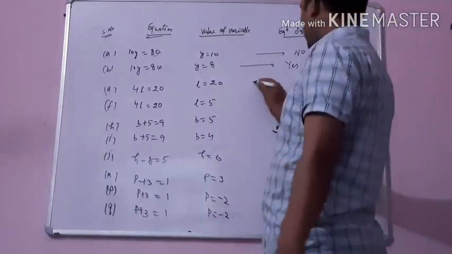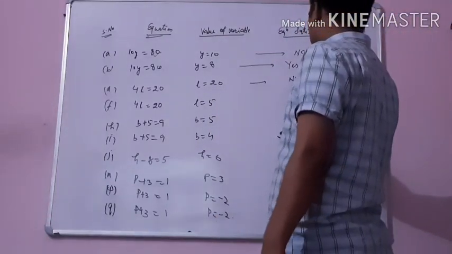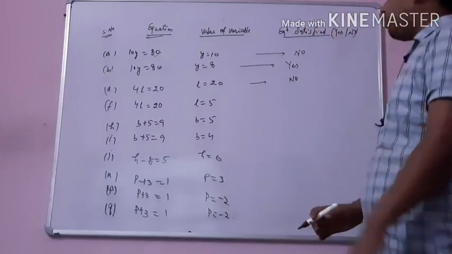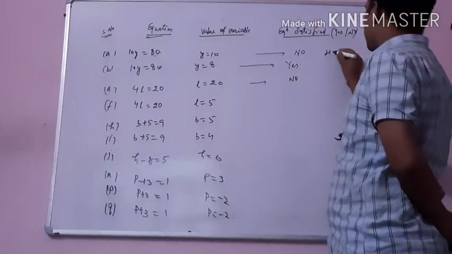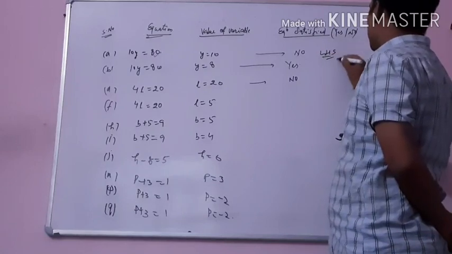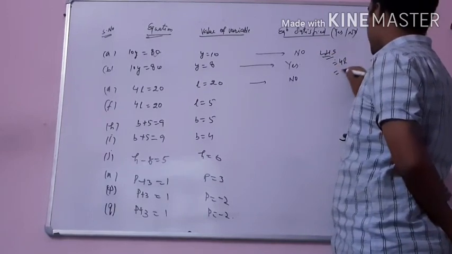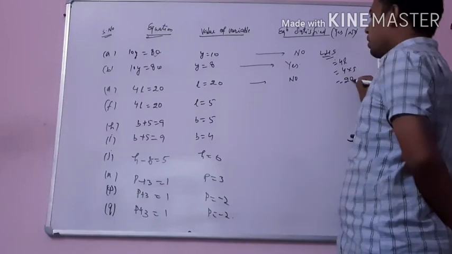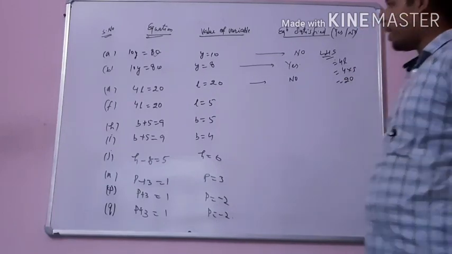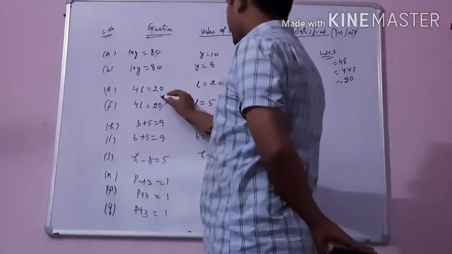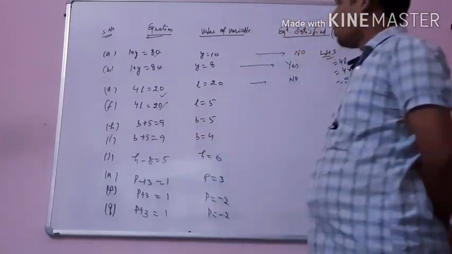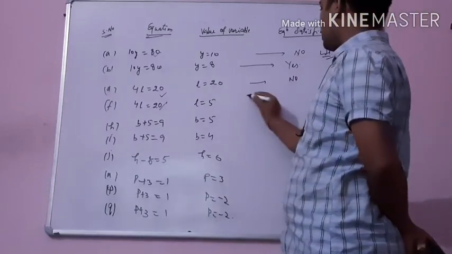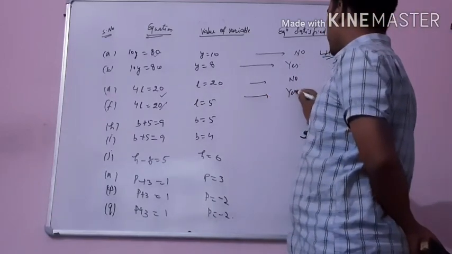So this will be no. Now I have taken E. In E, LHS equals 4L, L equals 5. 4 fives are 20. So LHS is 20, RHS is 20. So again here LHS equals RHS. So our equation condition is satisfied. So what will you write?